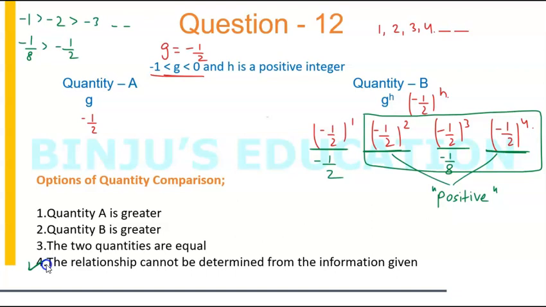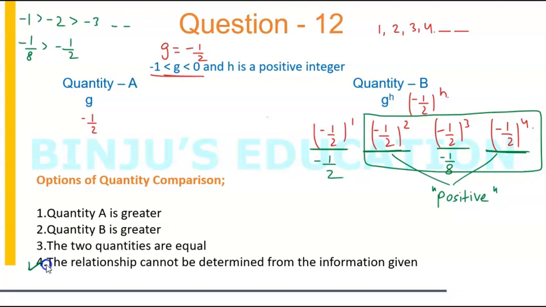So this should actually be your last resort. See, the problem with this type is that, let's suppose you don't take 1 into consideration. For example, you start with 2, 3, 4, 5. In that case, all the results of quantity B would have been greater than the results of quantity A. So then it will become a problem.